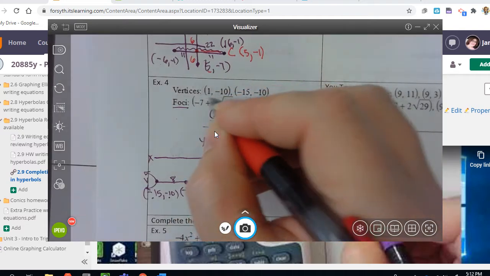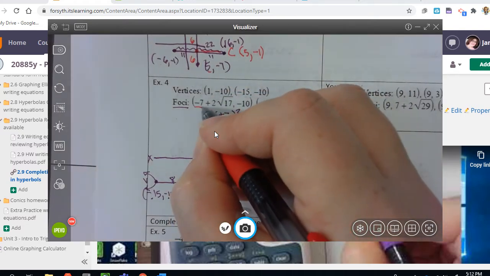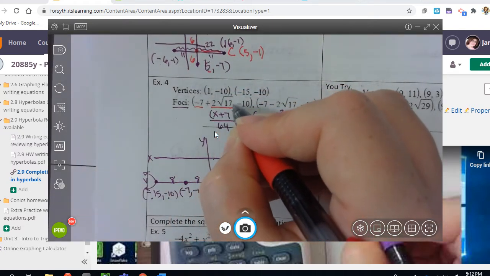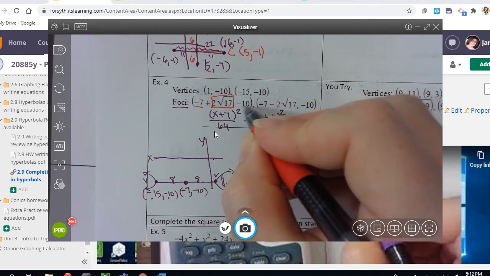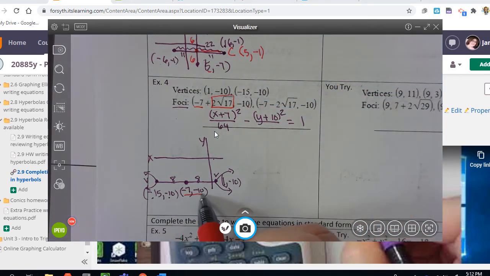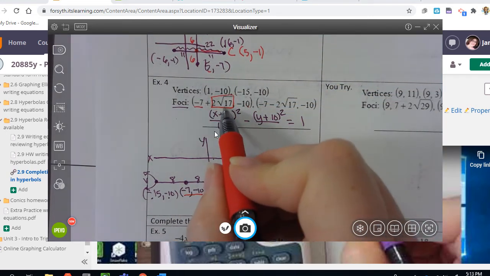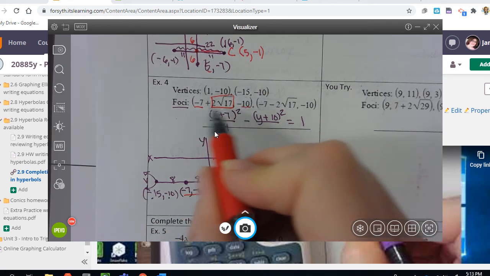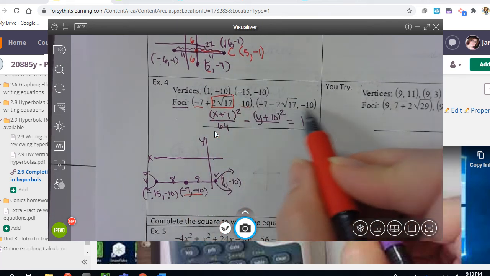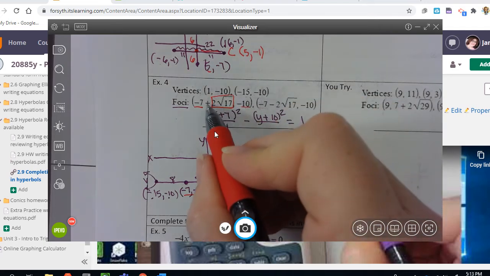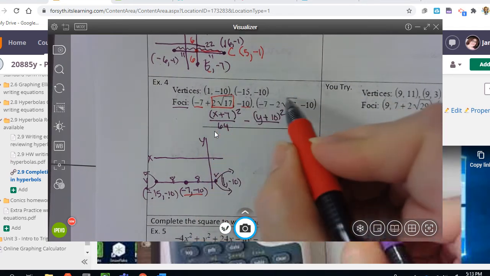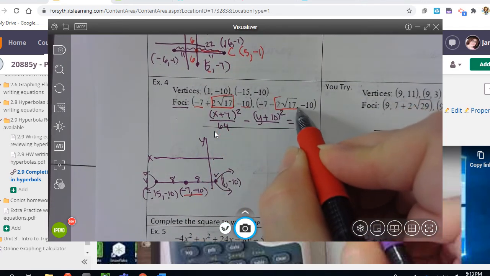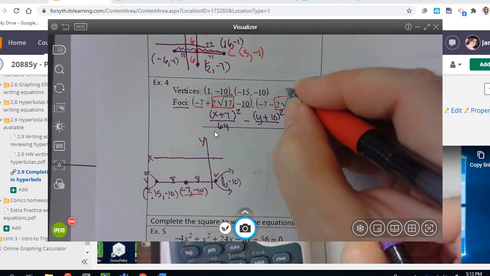Well, if you look at the foci, I have negative 7 plus this funny looking thing, comma negative 10. Wait a minute, there's a negative 7, negative 10. Because I had a square root involved, I can actually see the center is sitting there staring at me. Look, there and there. So what's being added? 2 times the square root of 17, and subtracted 2 times the square root of 17.